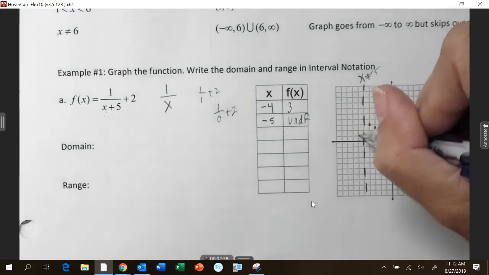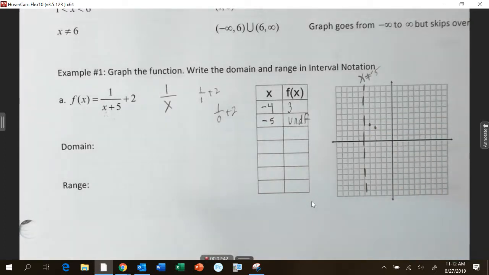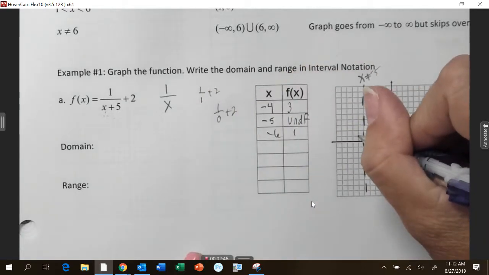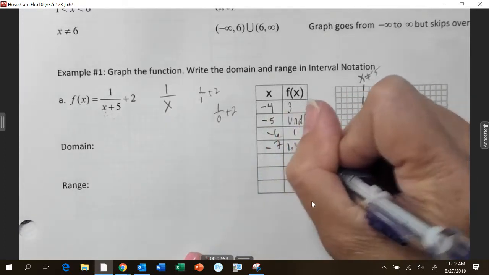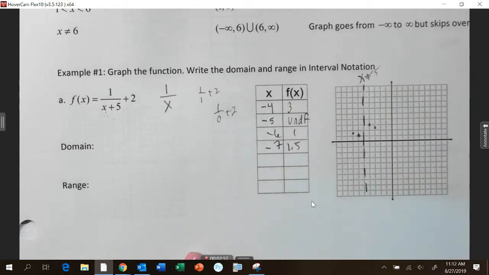No. 1? What is it? Who plugged in -6? You know what? I have my notes from last class. Why don't I just look at this? -6 was 1. And then if I plugged in -7, you get like 1.5. So these are some easier ones that you'd have.